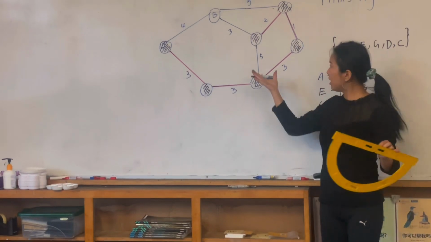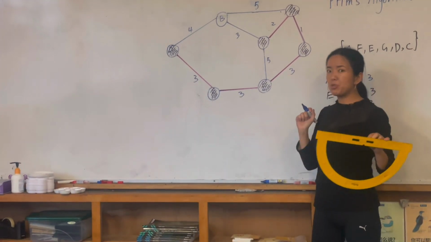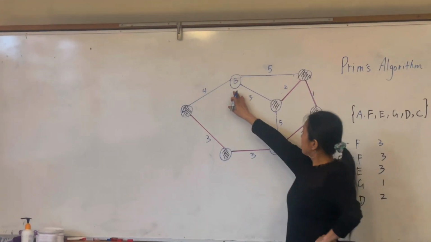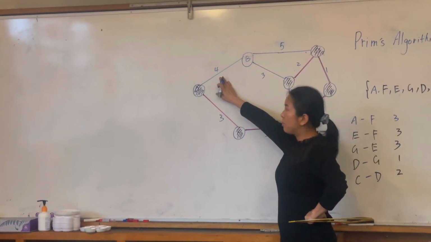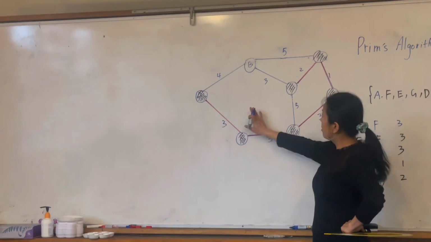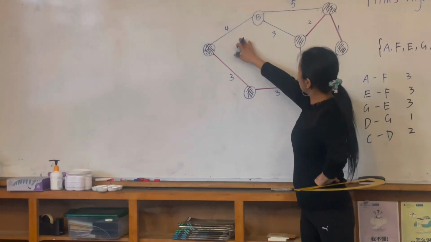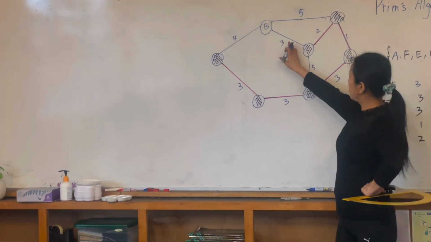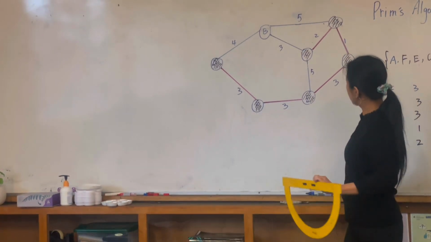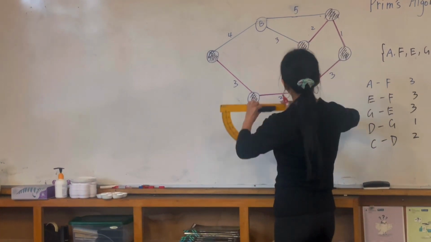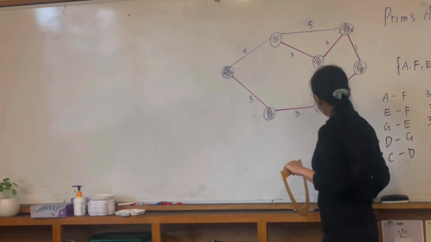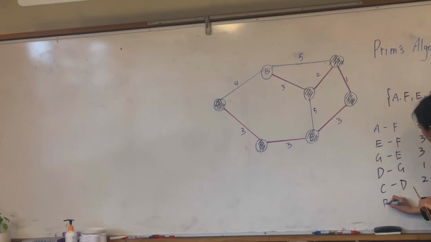Okay, now we only have one node left, which is B. Let's check B and the rest of the unvisited edges. Which path is shorter? 3, 4, 5. Yes. The least number is 3, so we'll pick the last path between B and C. We highlight BC, and we copy the path name BC here.